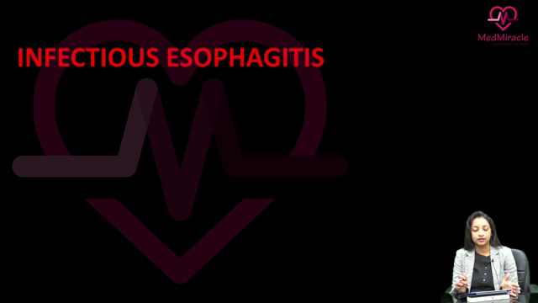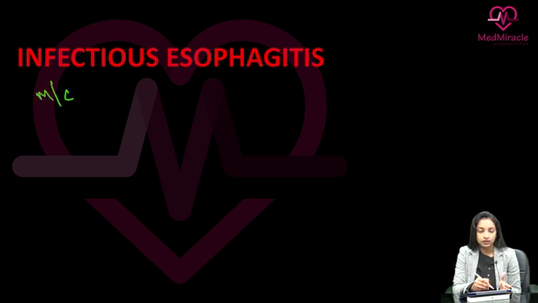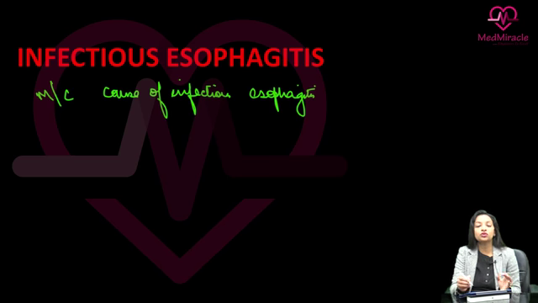Infectious esophagitis. What is the most common cause of infectious esophagitis? It is herpes simplex virus. So this is an MCQ. The most common cause of infectious esophagitis is herpes simplex virus.